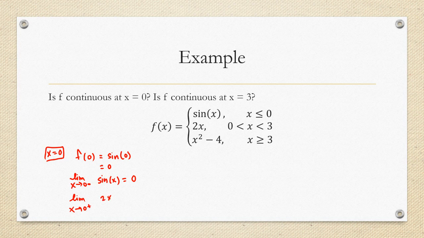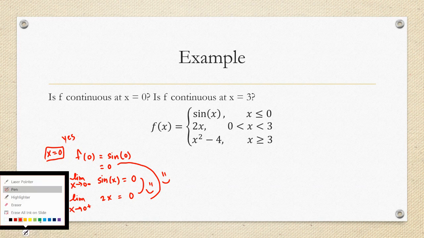Well, that would be the 2x part of the function, but that would also be 0. So these two limits match, and they're equal to the value of the function. So x equals 0 is a point of continuity. Yes, it's continuous at x equals 0. It passes all three parts of the continuity test.